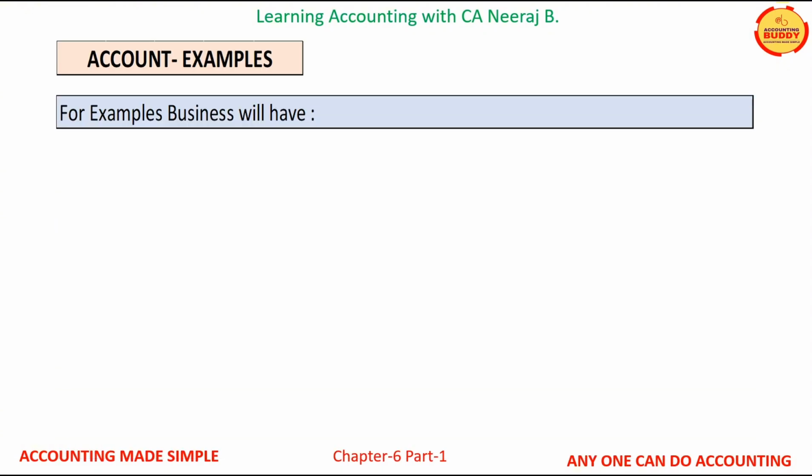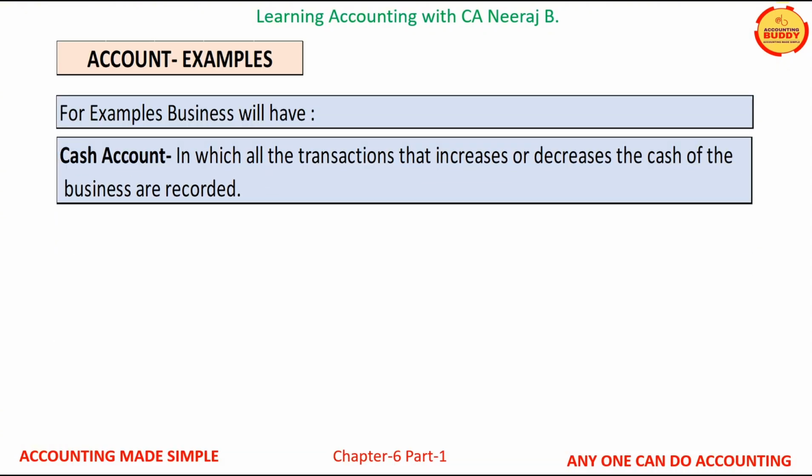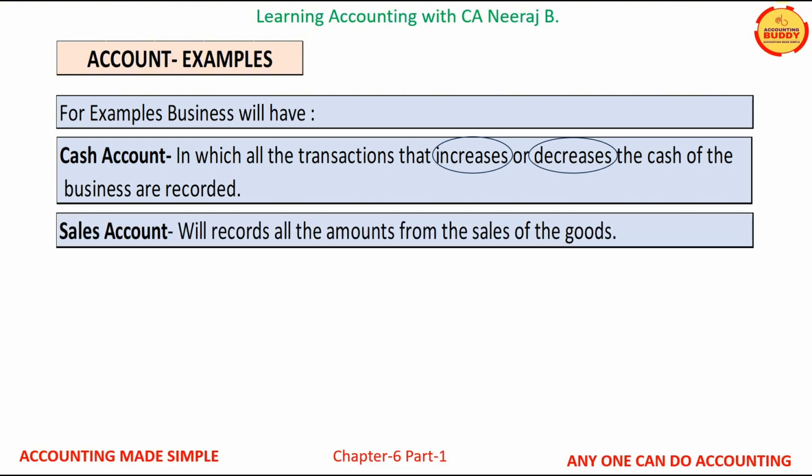For example, the business will have cash account. In cash account, all the transactions that increase or decrease business cash are recorded. Similarly, sales account will record all the amounts related to the sales of the goods. I hope we have understood the term account and its relevance in accounting.